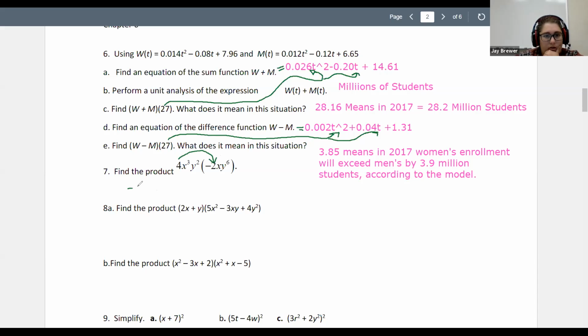So that would give us a -8. And we're going to do our x's. So that'll give us x to the 4th. And then our y's are y to the 8th. There you go.